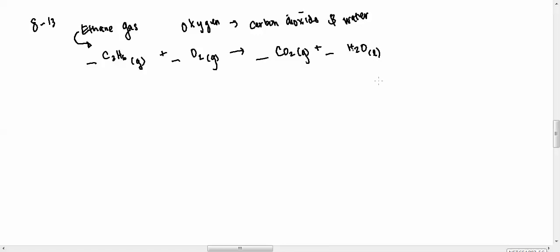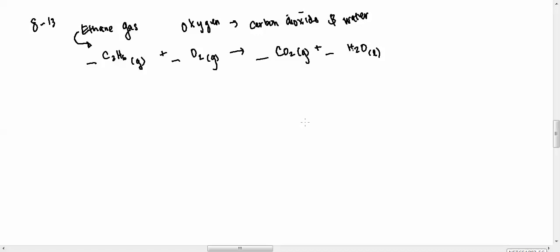Oh, okay. All that matters here is just balancing the equation. Now, my trick for balancing this equation is this. When you're adding oxygen in, and they say it's burning, and you have CO2 gas and H2O liquid coming out, essentially what we call that is a combustion reaction.